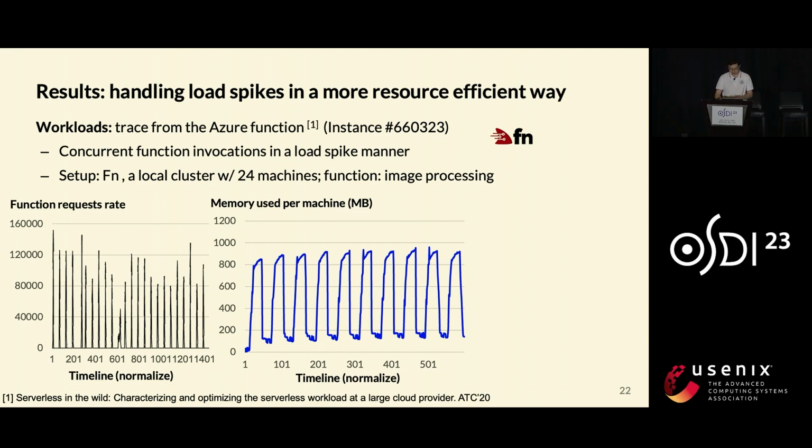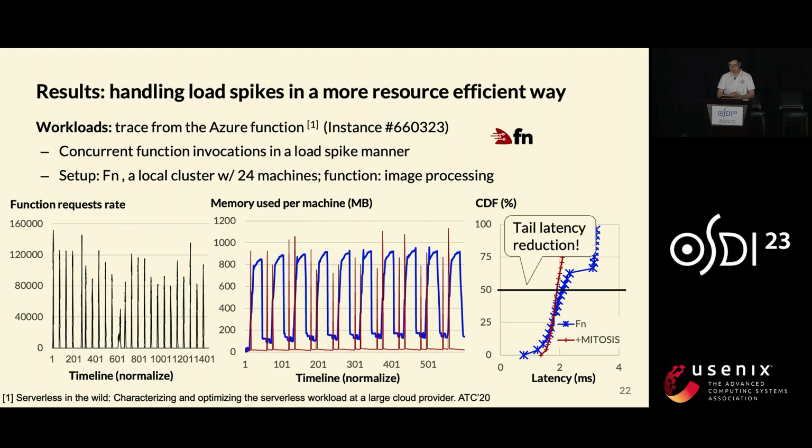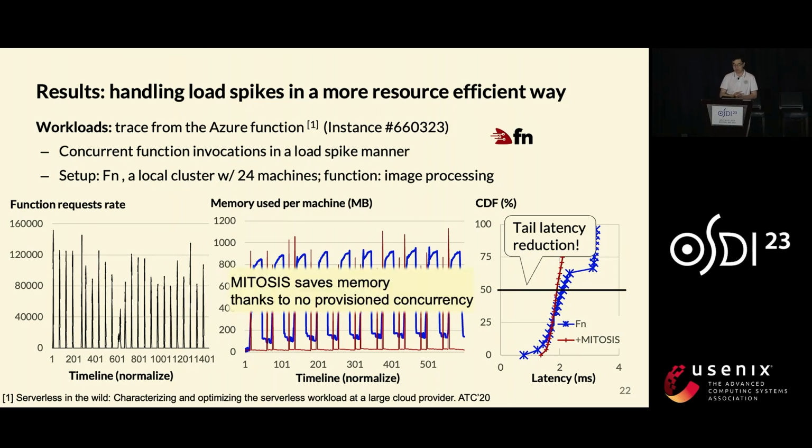In contrast, when we integrate Mitosis into Fn, the memory resource usage is significantly reduced. Meanwhile, Mitosis can also reduce the tail latency, as it can always avoid the cold start. This experiment shows that Mitosis can save memory thanks to no provisioned concurrency.